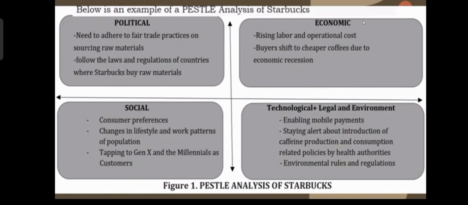Also, Starbucks uses some resources to source cheaper coffees that still have the best quality to give. Social: they, of course, focus on consumer preferences. Who likes coffee? What kind of coffee do they like?